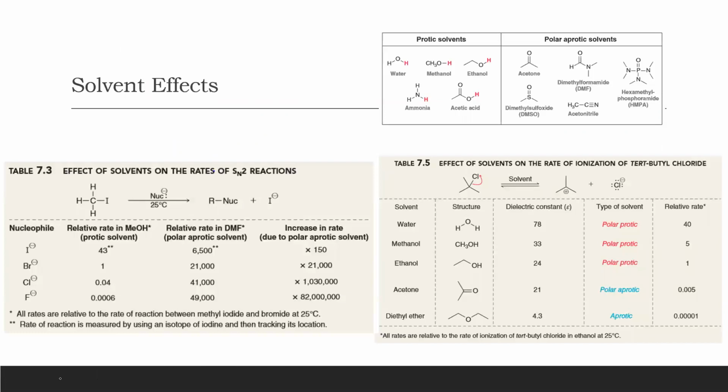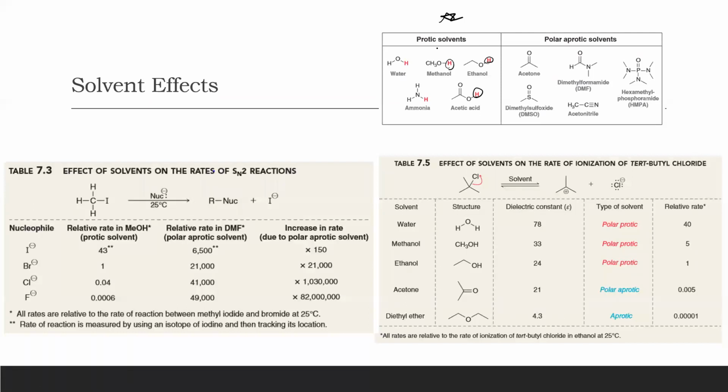Okay, so it's also important, as I mentioned, to keep in mind the solvent effects that occur in your reactions. You see the chart here, we've got some different common polar protic solvents that can all contain a hydrogen connected to an electronegative species.